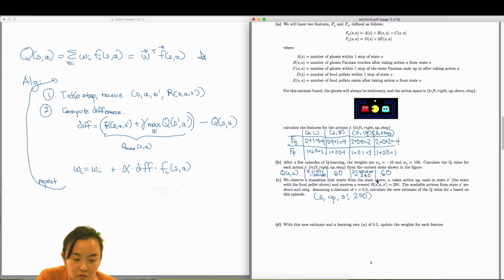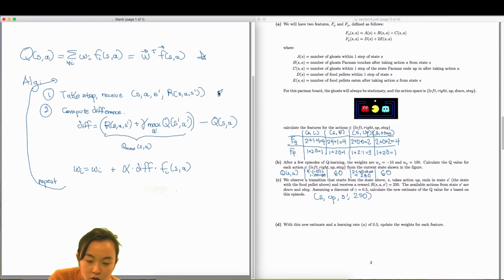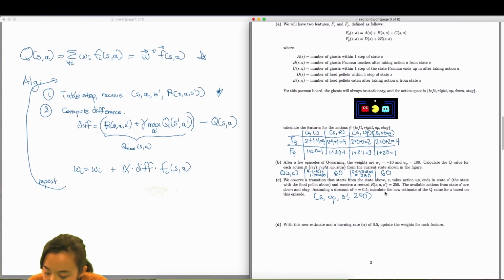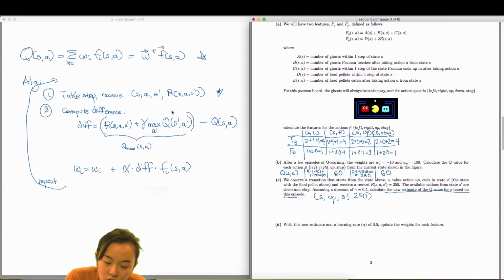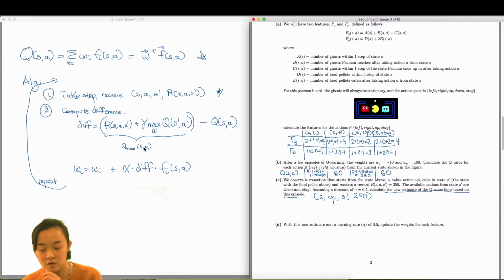So this is our data point that we have to work with. And then they want us to calculate the new estimate of the Q value for S based on this episode. So like I said, this portion is defined as the new estimate for the Q value based on this data point that you just received.